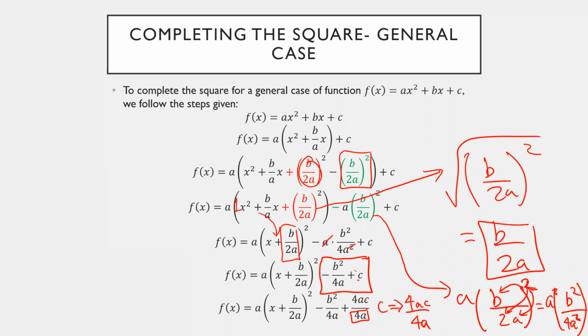And then of course our last step here is we simply add the numerators, and this ends up giving us 4ac minus b squared all over 4a. And I don't want to go into too much detail about this, but what I would do next is simply factor out the 4a, and that gives me a more simplified version of what the y coordinate of the vertex will be.